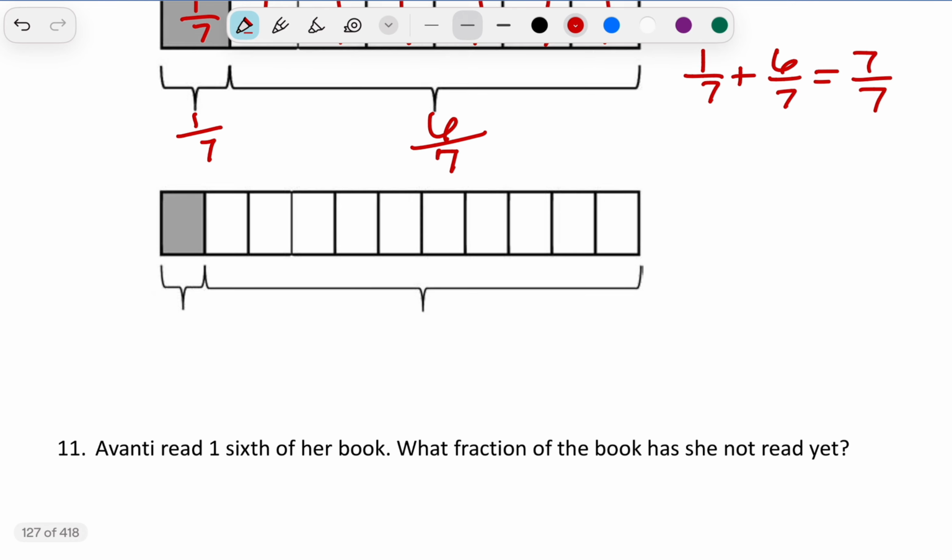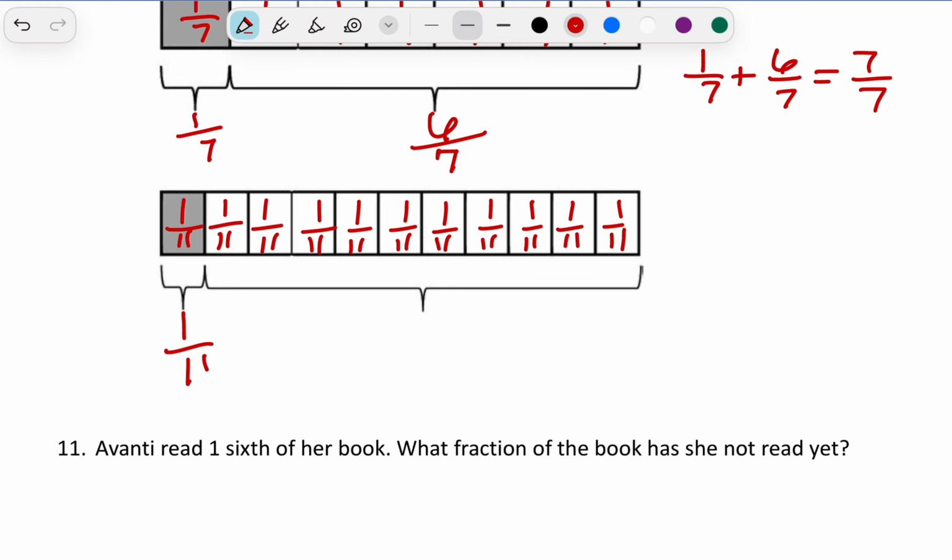All right. The next one. 1, 2, 3, 4, 5, 6, 7, 8, 9, 10, 11. So that's 1/11th, and I'm making this as a sum of unit fractions to just identify the total number of parts that I have. So if 1 out of 11 is shaded, that must mean 10 out of 11 are non-shaded.